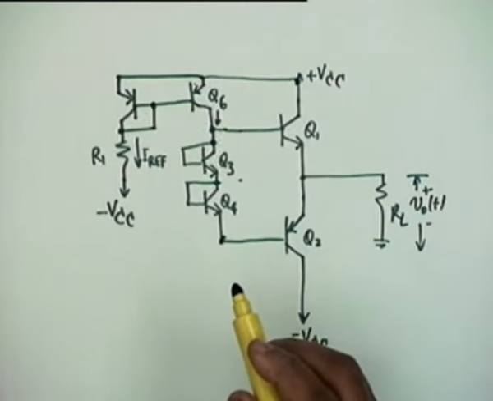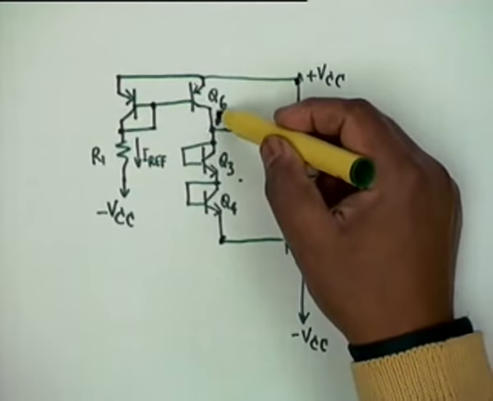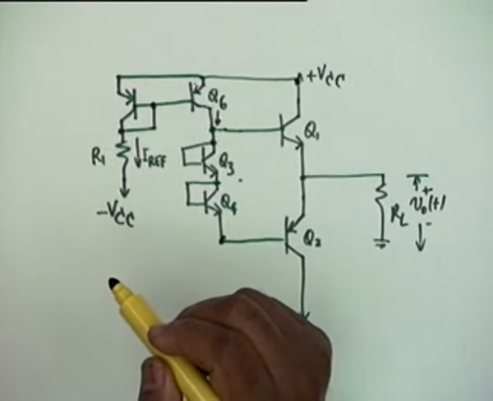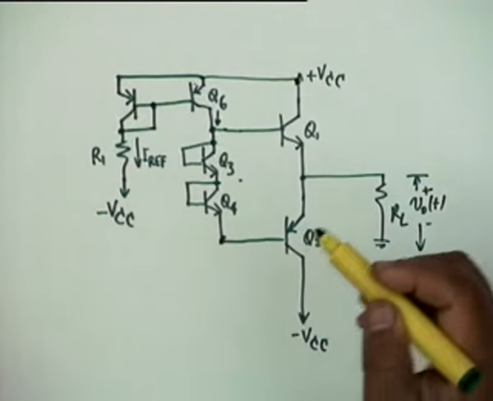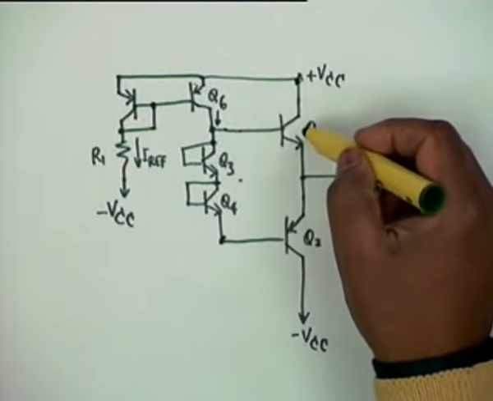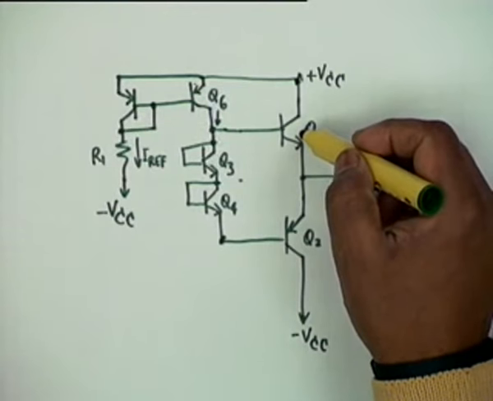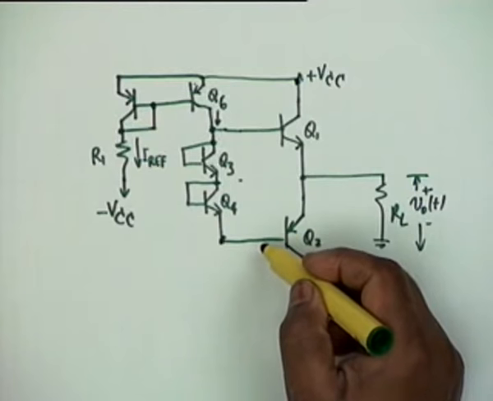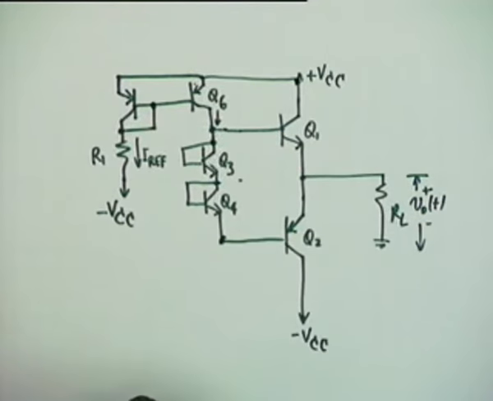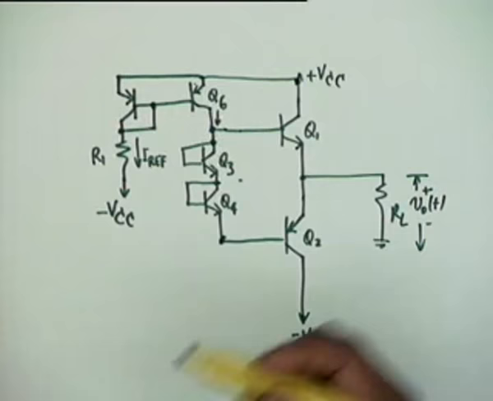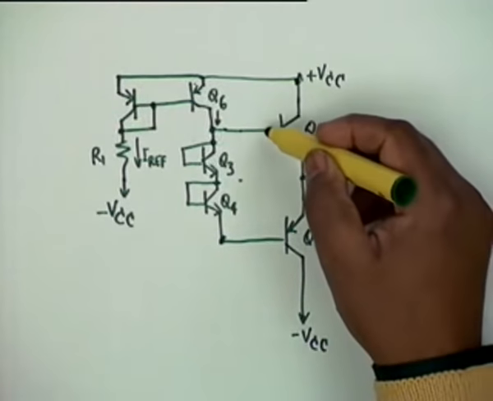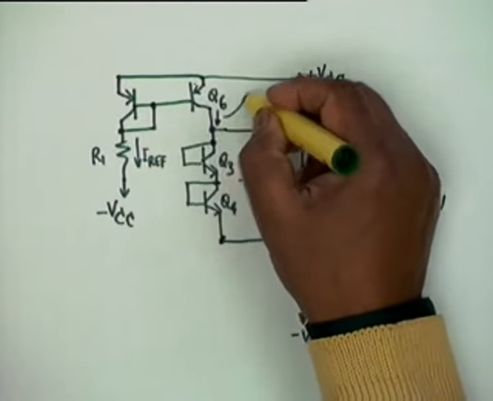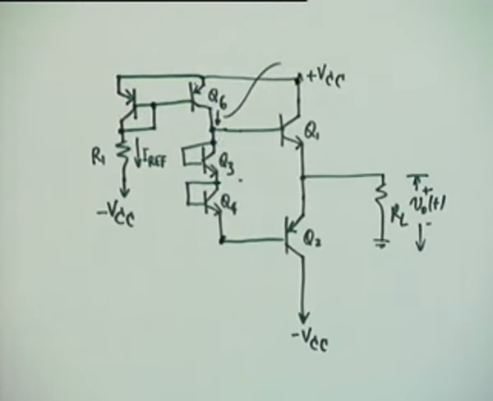The sole purpose of this current mirror is to supply a current here to the two diode connected transistors. Not just that, you see, it also supplies a current to Q1, IB1. It also takes a current from Q2, IB2. This base current goes away. Agreed? Nevertheless, if the two betas are large, then we can ignore these two currents, and as you know, in a current mirror, this current would be approximately IREF.